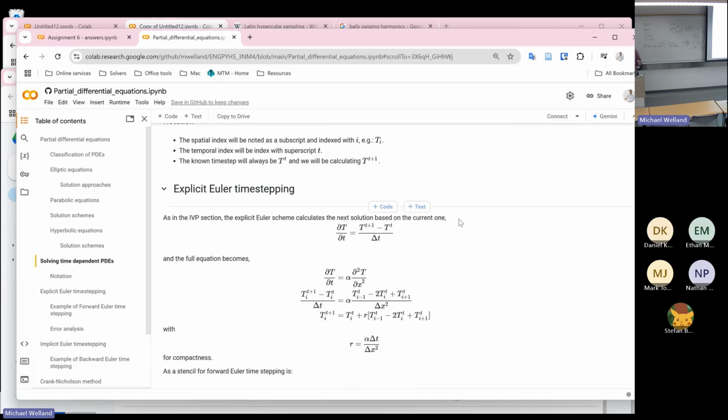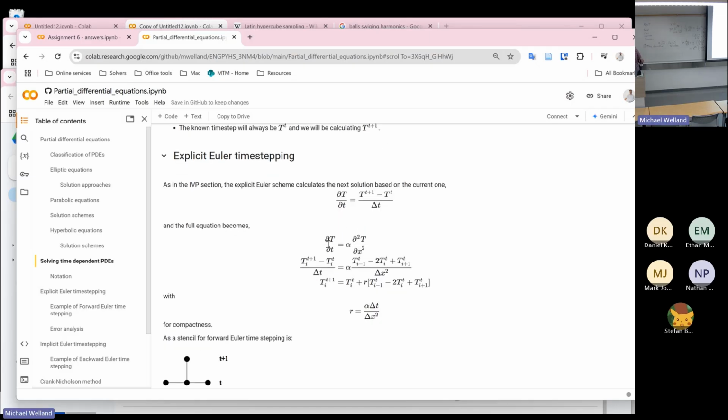As we talked about in the initial value section, the explicit Euler scheme just calculates the next time step based on the current one, so that is T^{t+1} minus T^t over whatever your temporal step is. When you put that into the PDE, you get something that looks like this.